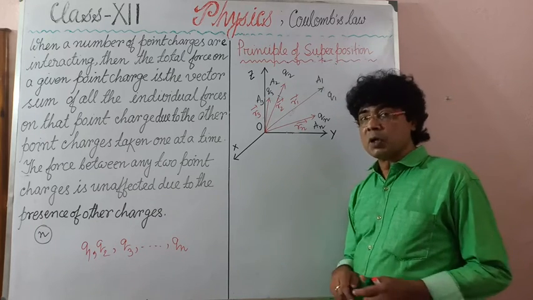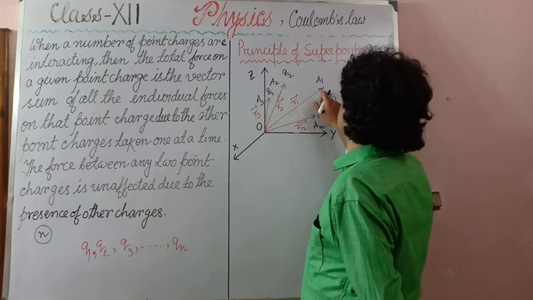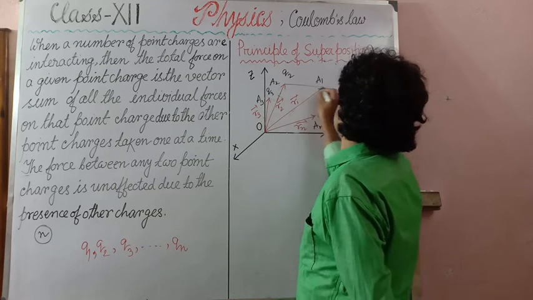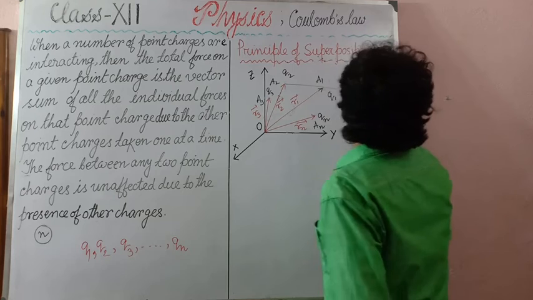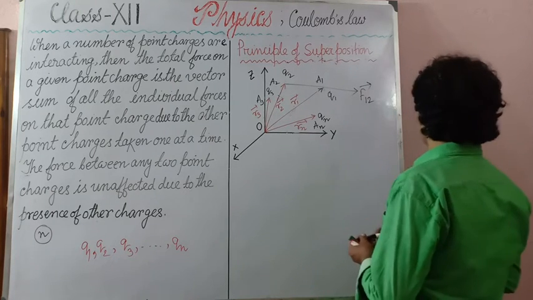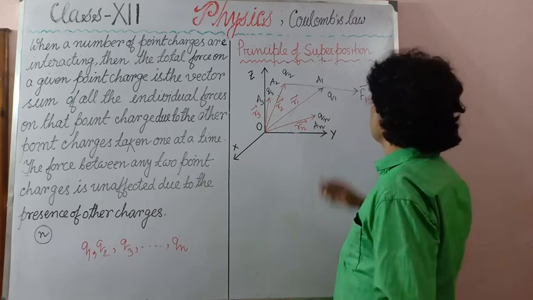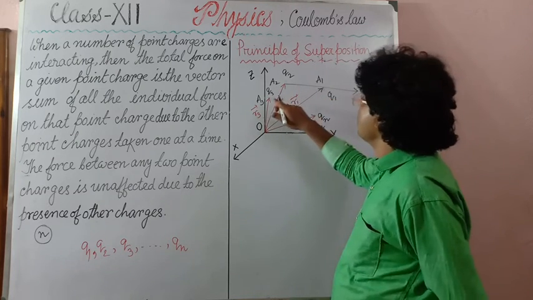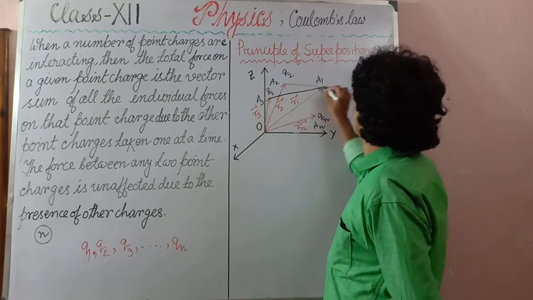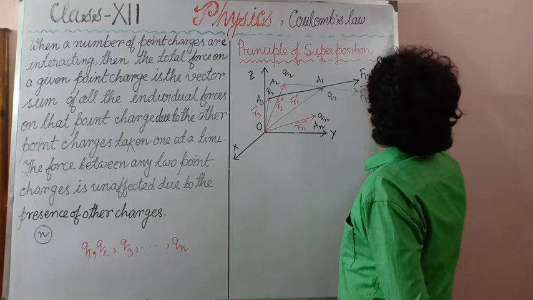Now suppose the force on Q1 due to Q2 is F12 vector. The force on Q1 due to Q3 is F13 vector.